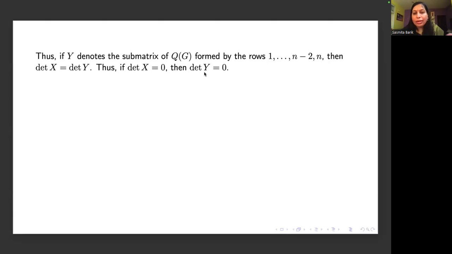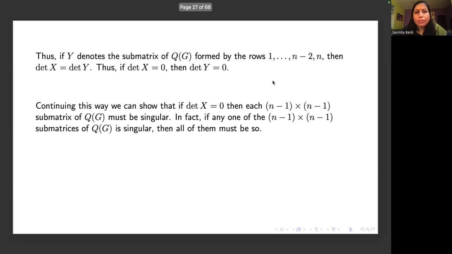In a similar way, here I considered the first n minus 1 rows and then went on leaving the last row, but this interchange I can do with any row. So what I can prove is that if the determinant of X is 0, then each n minus 1 cross n minus 1 submatrix of Q_G, if I consider it, will have determinant 0 also.